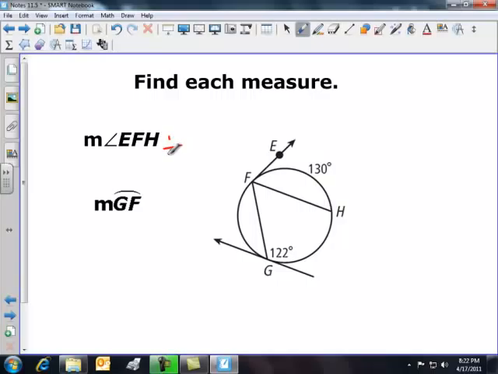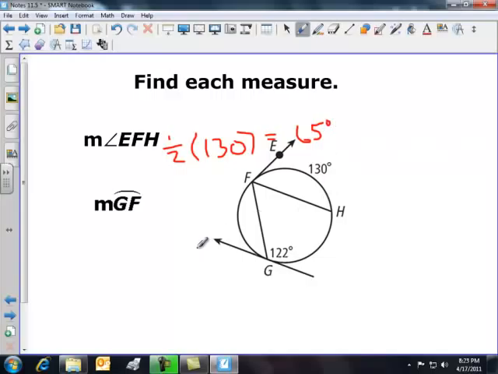So to find the measure of this angle, whoa, I don't know what I just did there. Let's just erase that. I could actually edit this, but that would be way too easy. So I'm just going to go back and let you watch my mistake here. I would take half of that 130 degrees, which is 65 degrees.